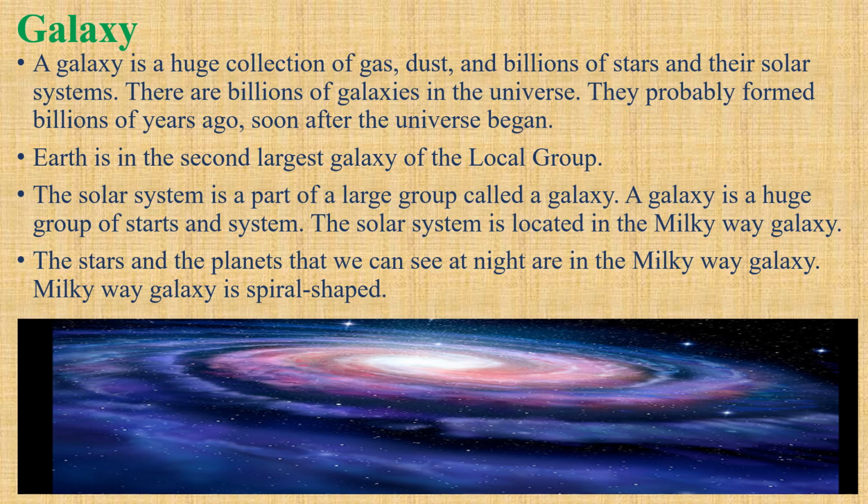The solar system is a part of a large group called a galaxy. A galaxy is a huge group of stars and systems. The solar system is located in the Milky Way galaxy. Wow! The stars and the planets that we can see at night are in the Milky Way galaxy.